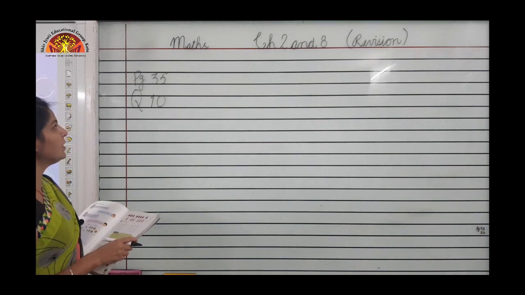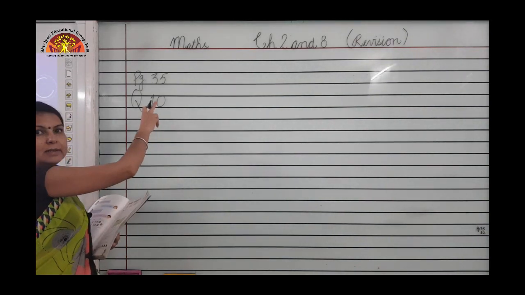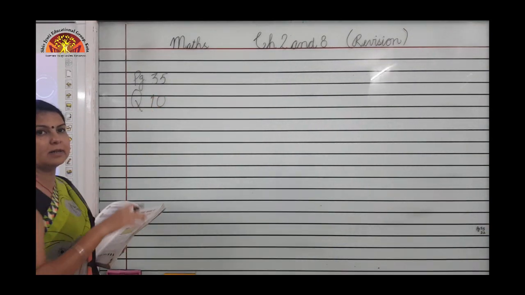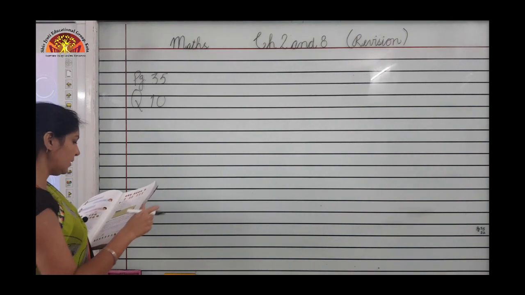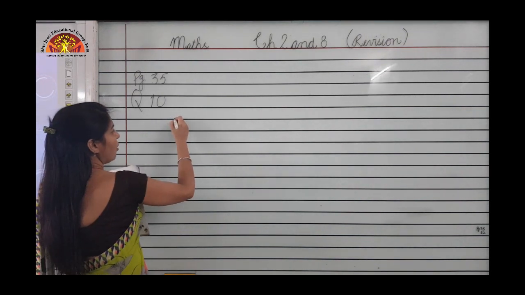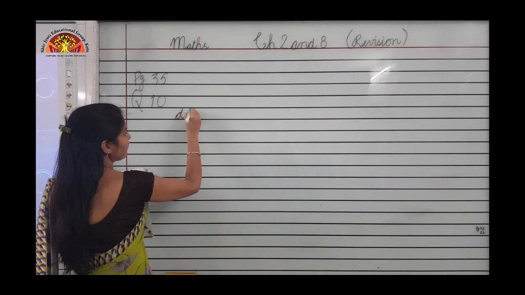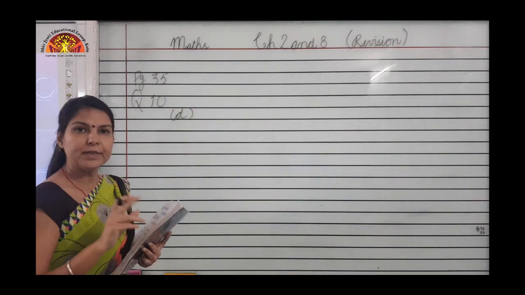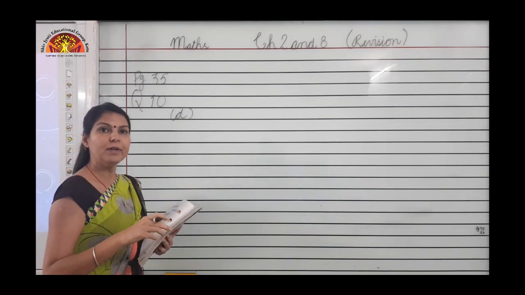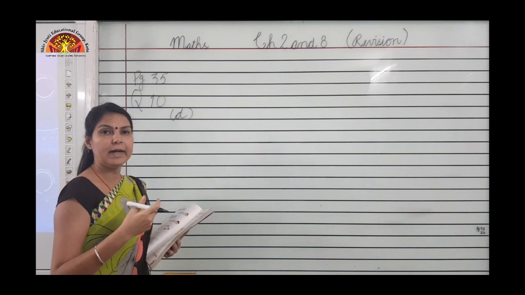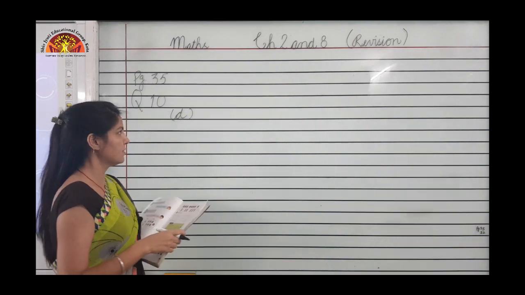Now children, we will see question number 10. This question is on page number 35, and we will see the D part of this question. Here 3 digits are given, so we will learn how we can add 3 digits.